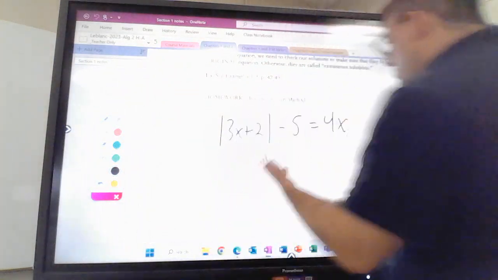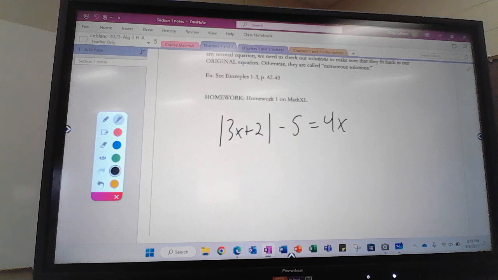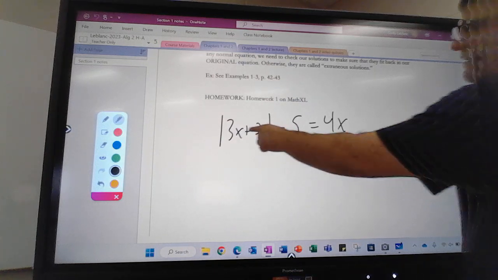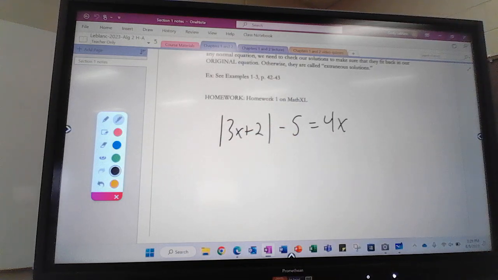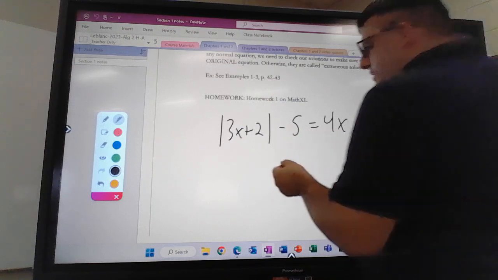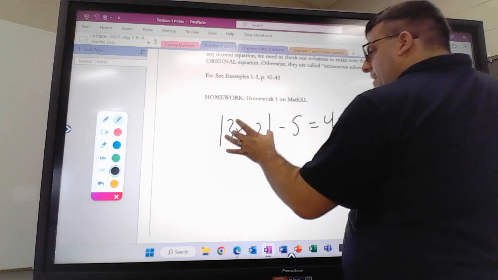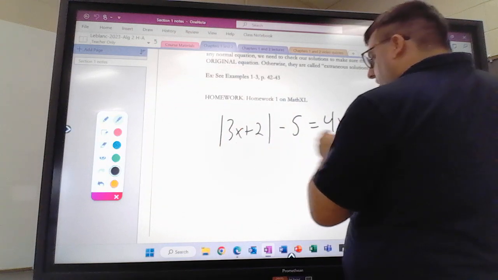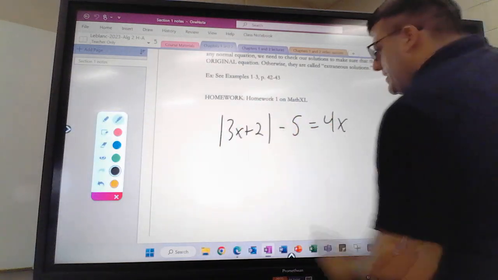All right. When I'm solving this equation, I want to isolate the variable. I want to get that variable by itself. But here's the problem with that. When I'm solving this, I got to get this by itself. Even though there's an x right here, I still want to get this by itself.